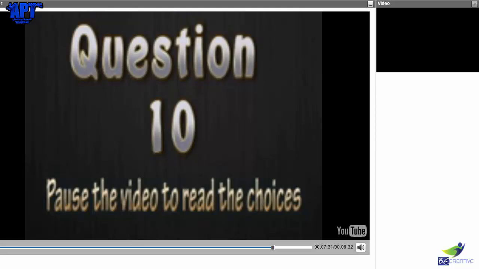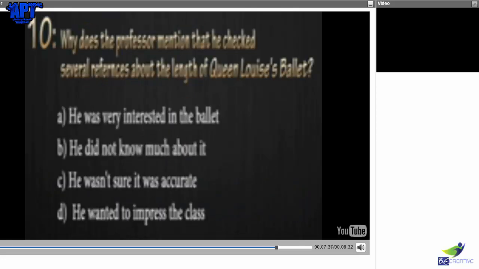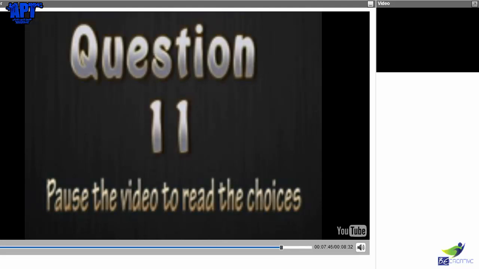Why does the professor mention that he checked several references about the length of Queen Louise's ballet? 11. What can be inferred about the professor?